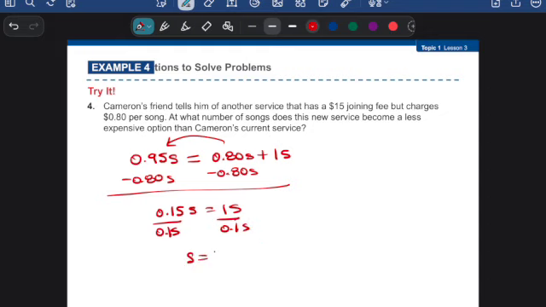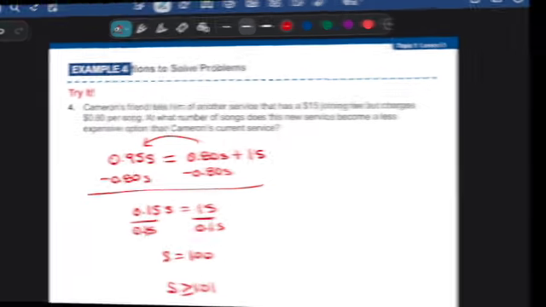S equals 100 songs. So the break-even point is at 100 songs. At 100 songs, either plan is the same. So if it goes more than 100 songs, it will be cheaper to get the new plan. So he could download 101 songs and it would be cheaper to go with the new service.